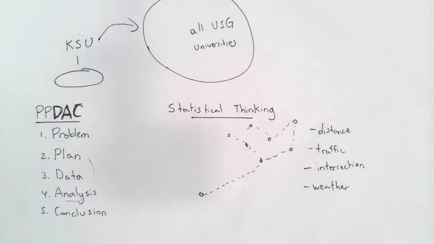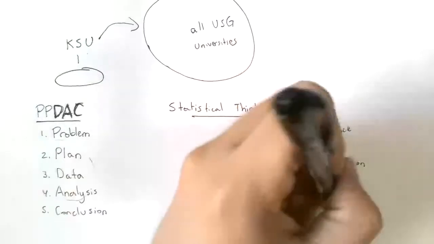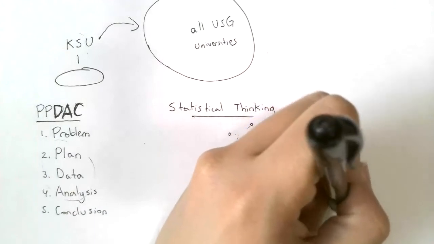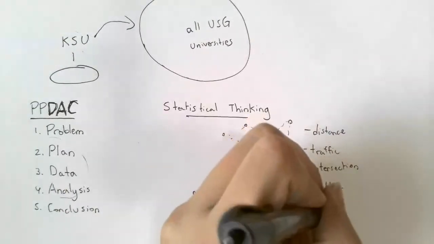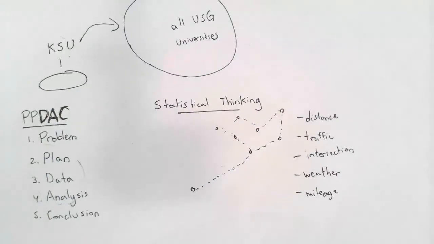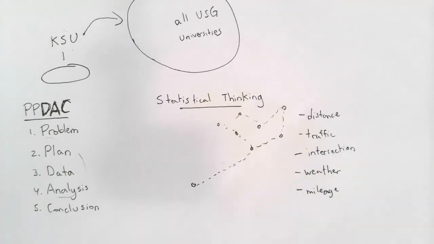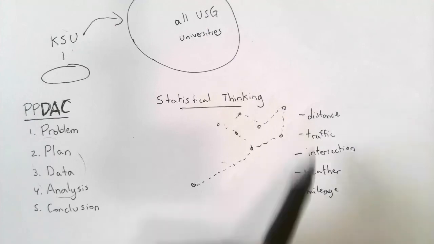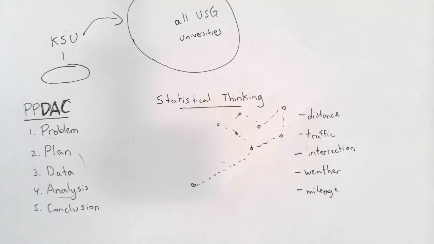And if I want to be very, very optimal, I even want to consider my own car's mileage. Okay. What car should I take? Should I take my car? Should I take the company car? What gives me a better return, right? So all these things have to come into play here when I'm actually trying to come up with this optimal route. And if I don't consider all of these, then I'm not really doing statistical thinking.